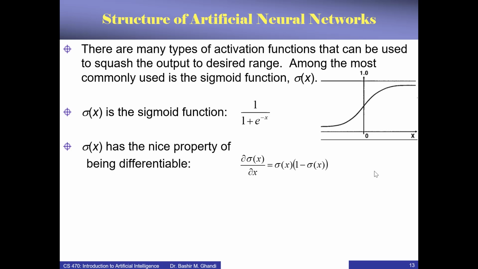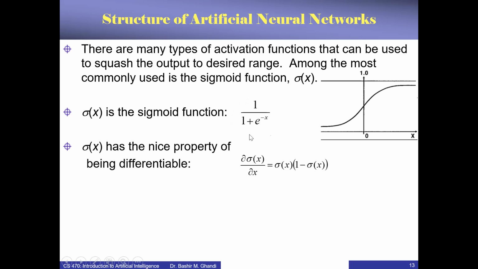It has another nice feature, which is that it is differentiable. As we shall see, when training a network, we need to compute what are called errors. These errors are normally obtained by taking the derivative of the function.